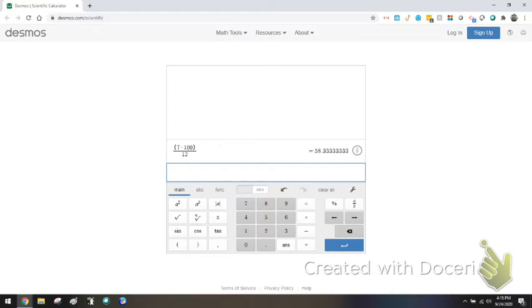I get the percent of 58.33 repeating. Sorry, my data went away here. So 7 out of 12 equals X over 100 gave me a percent of 58.3%.